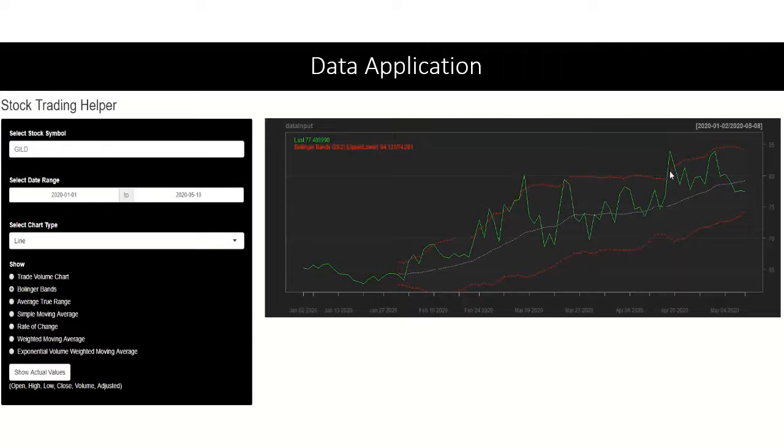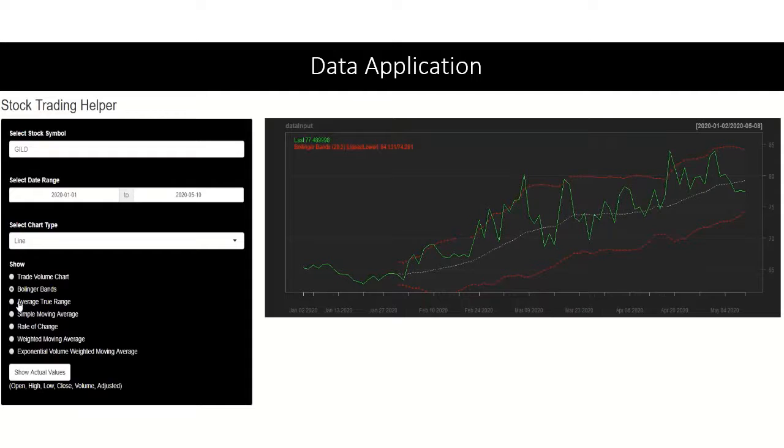So for instance, if you buy the stock somewhere on the top red here, and then something happens, for instance they said remdesivir is not working, the stock price might drop drastically, and there is a chance that you lose up to $10. This is how the Bollinger Band and the graph work.